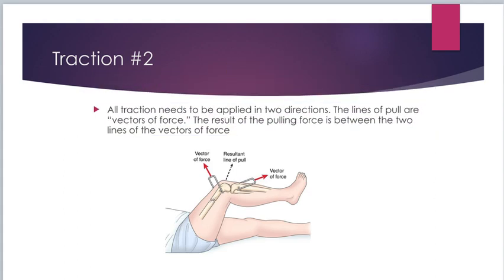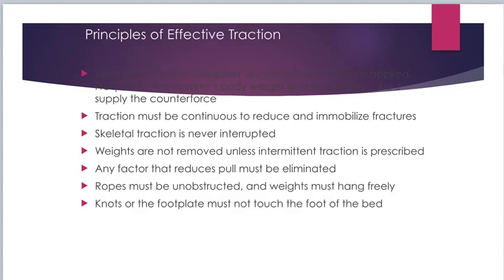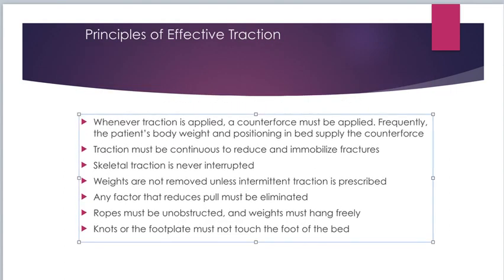So all traction has to be applied in two directions. The lines of pull are called vectors of force, and it's those lines of force that keep everything in alignment. So what are the principles for traction? Whenever traction's applied, a counter force must be applied.